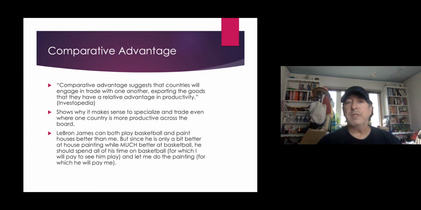So even though he's a better house painter and a better basketball player, comparative advantage says it makes sense for him to focus on where he has the greatest advantage, which is basketball, and hire me to do his house painting. That's basically how it works among countries as well. And that means that if countries all follow their comparative advantage, then the global economy as a whole will be larger and produce more.